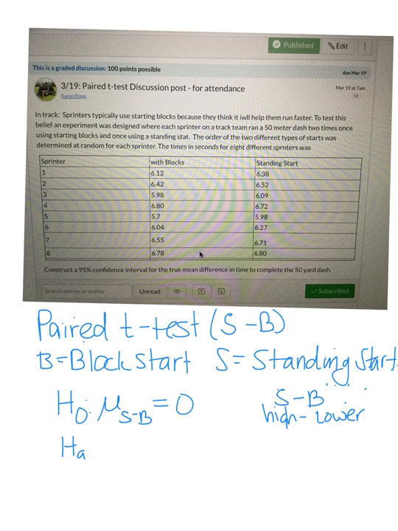If it's a positive number, is it going to be greater than or less than 0? Of course, if it's higher minus lower, it's a positive number, and a positive number is going to be greater than 0. Okay?